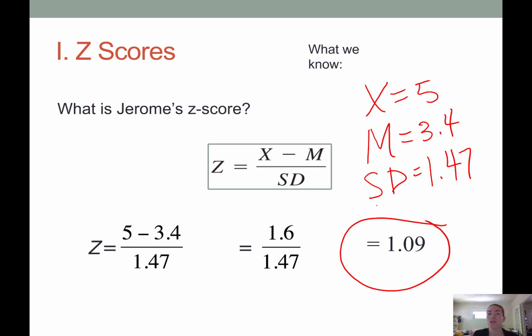It tells us that Jerome's score is exactly 1.09 standard deviations above the mean. Notice if this z-score was negative, it would tell us that Jerome was 1.09 standard deviations below the mean. So positive z-scores are scores that fall above the mean, and negative z-scores are scores that fall below the mean. So importantly, z-scores are in units of standard deviations.